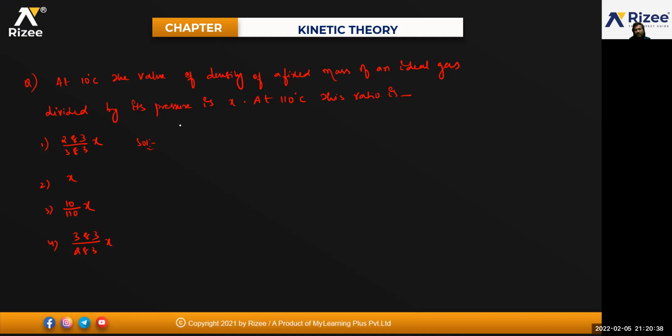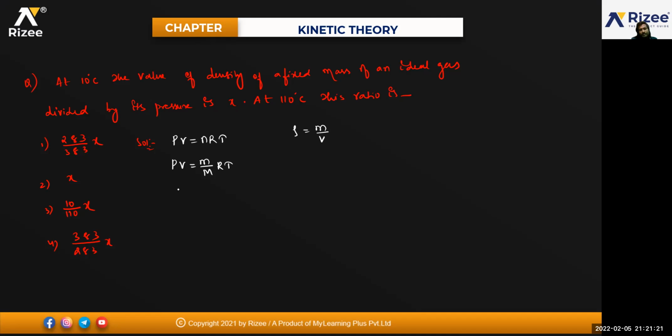Write the value in terms of density, beta. At 10 degrees centigrade, the value of density of a fixed mass of an ideal gas divided by its pressure is equals to X. That means if PV is equals to nRT, so P into V, n is equals to mass by molecular weight into R into T. Density is equals to mass by volume.